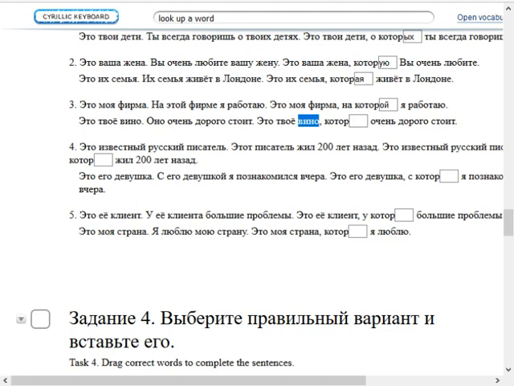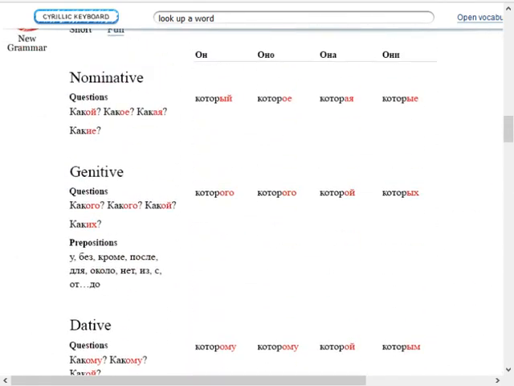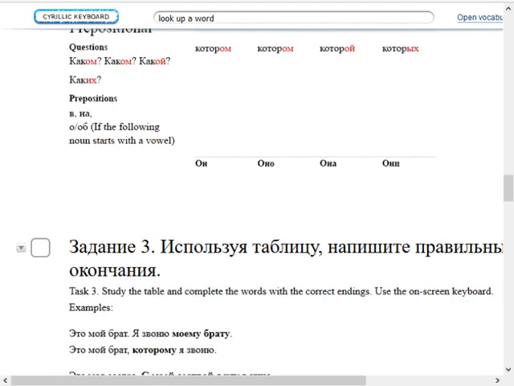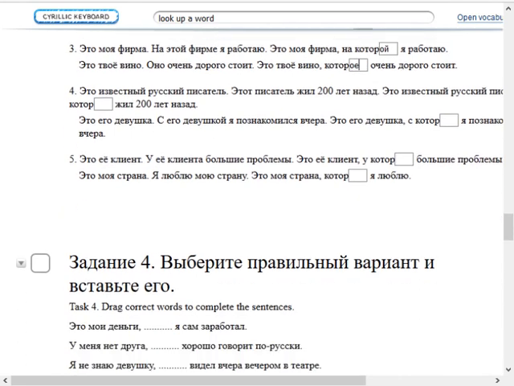The wine costs a lot, and so the wine is the thing doing something. The wine is costing, and so it should be nominative case, nominative, она is которое. So this should also be которое. I believe that's correct.